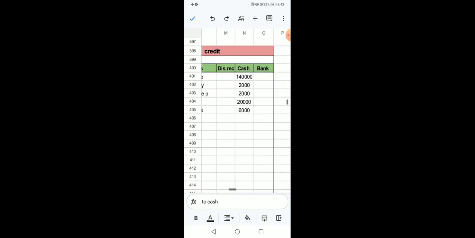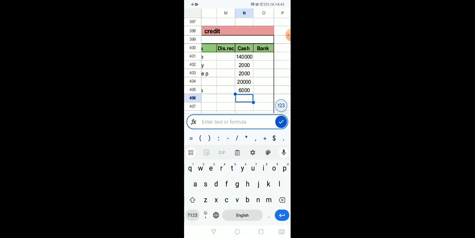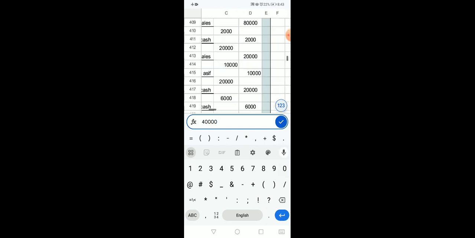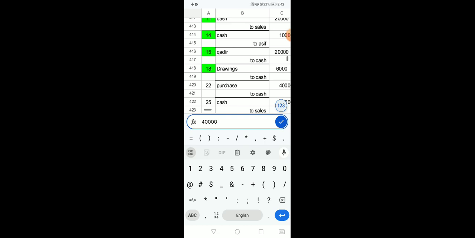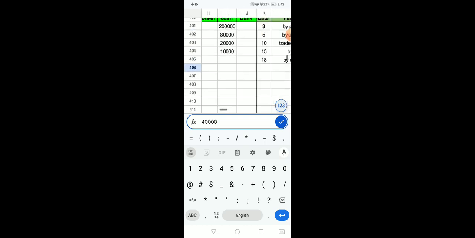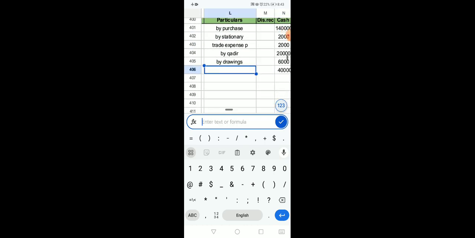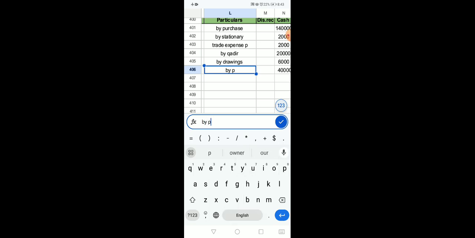Now next entry is 22, where there are again two elements. Only one element we are associated with is cash, which is credited. Go to the credit side of cash and write 40,000 over here. See its reference. What is written on the opposite side? That is purchase. So you will mention here by purchase.